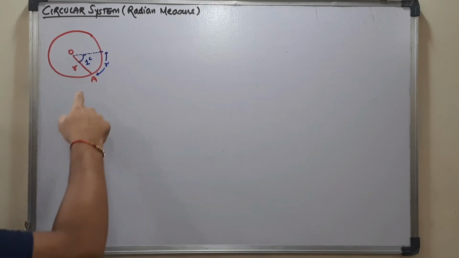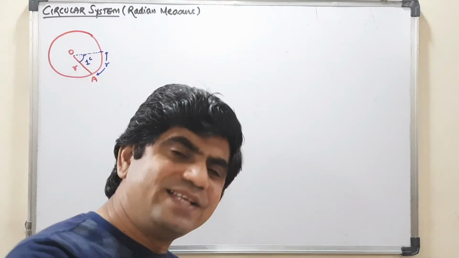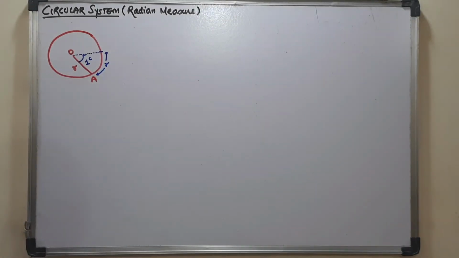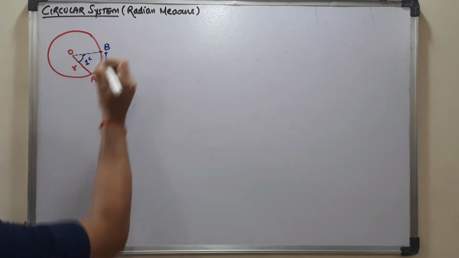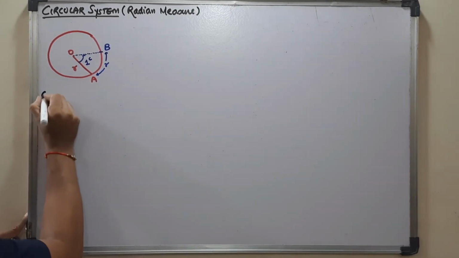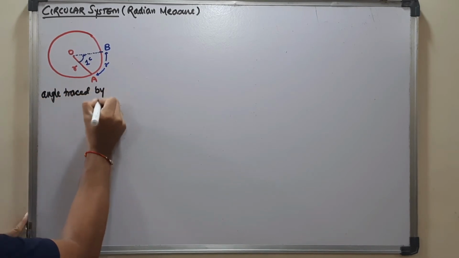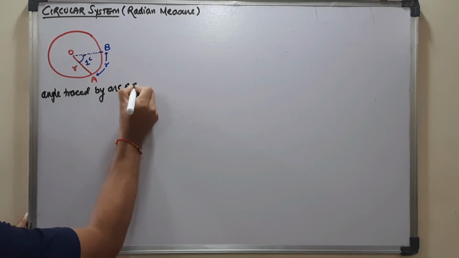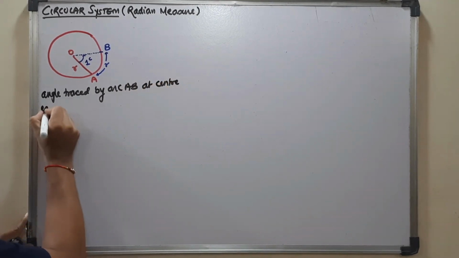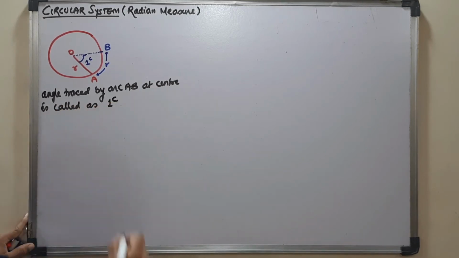Then the angle traced at the center by this arc is called 1 radian. So the angle traced by arc AB at the center is called 1 radian.